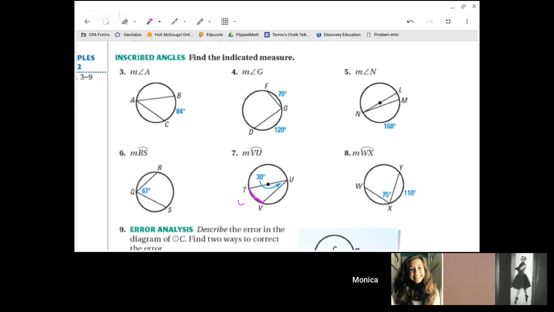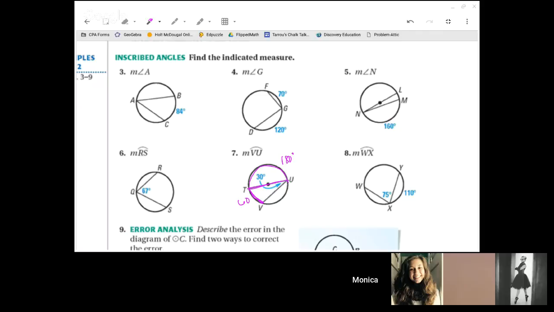All right, so if it's 60, what is this arc here? TU. Yeah, it's 180 because it's a semicircle, right? Because it's formed by this segment, TU, that goes all the way through the center of the circle.